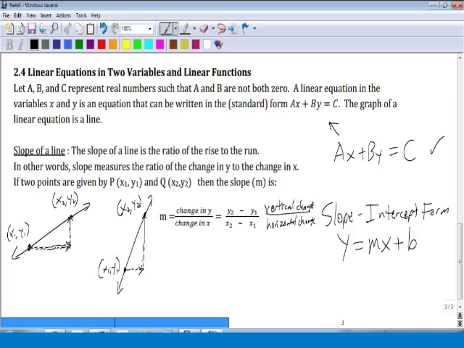Okay, it's a lower value for the slope. On the other hand, if there's quite a bit more vertical change than there is horizontal change when you move from one point to another point on the line, the slope's going to be greater. So the value of the slope is going to be greater.